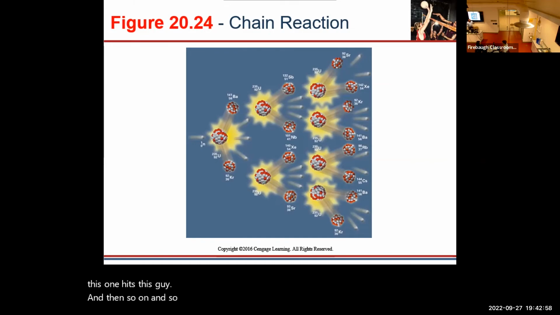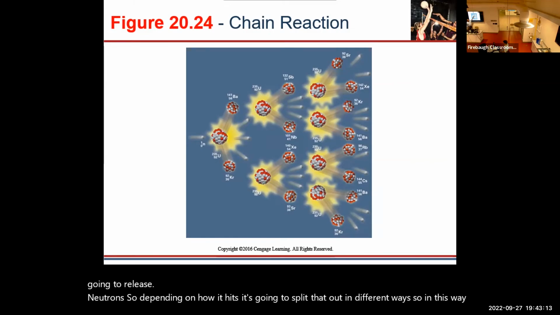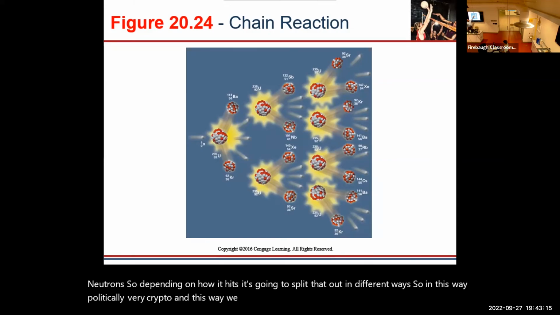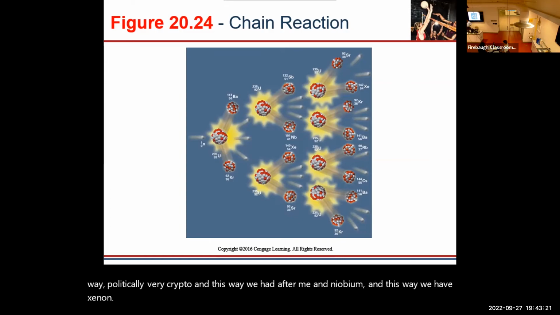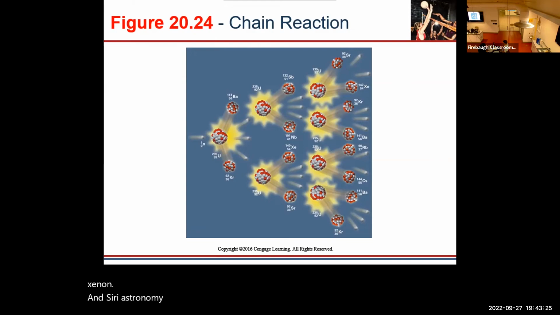In other words, the uranium is getting hit by some of these 3 neutrons, so depending on how it hits, it's going to split differently. This way we have krypton, this way we have antimony, niobium, this way we have xenon, thorium. It just depends on how it hits.